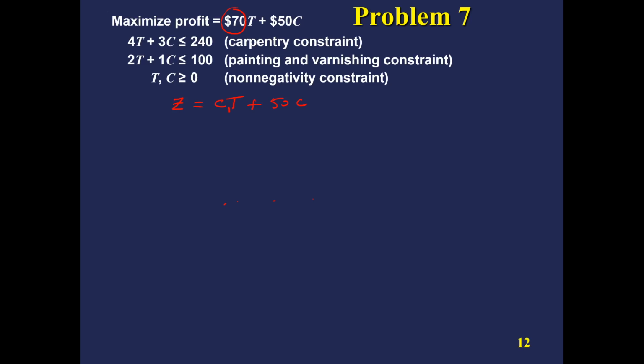Then we find the slope: T is equal to Z over C1 minus 50C over C1.